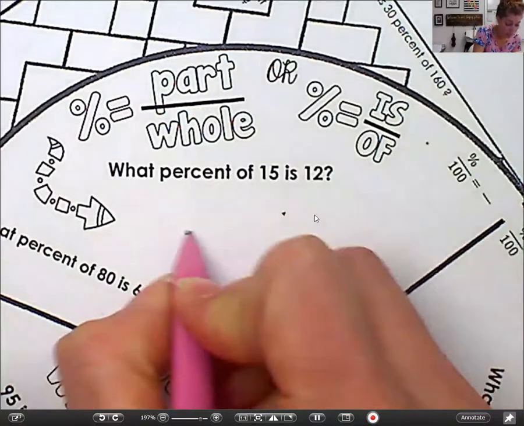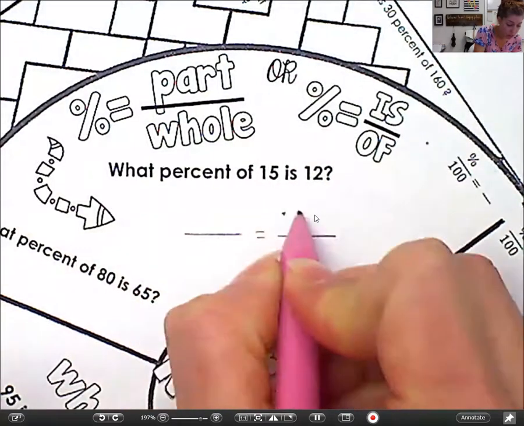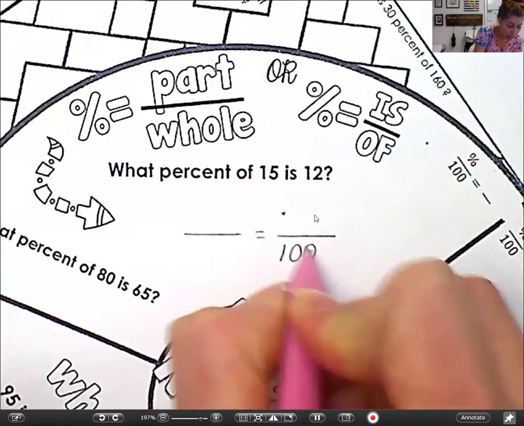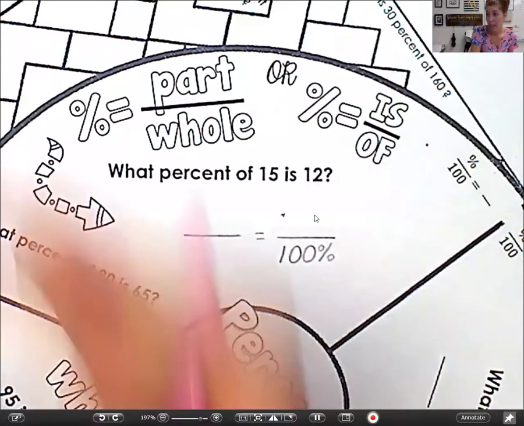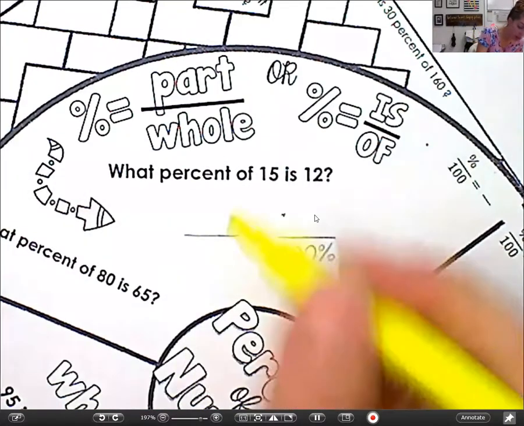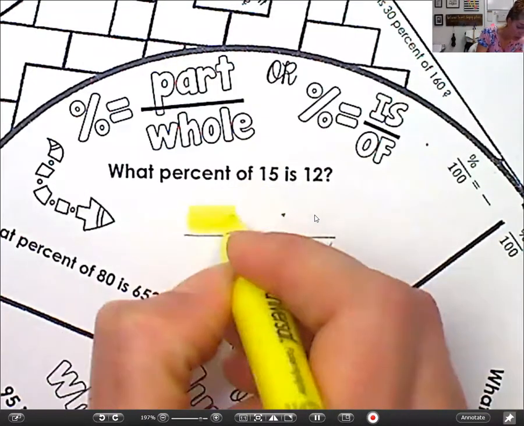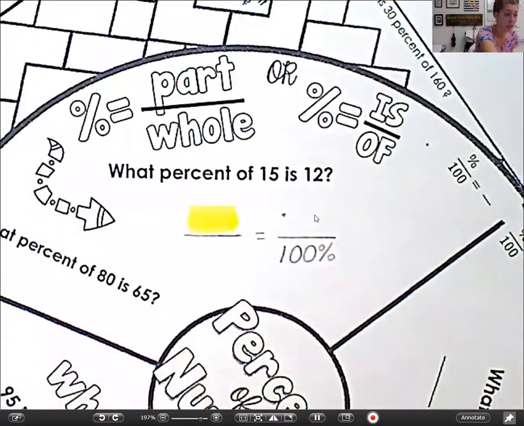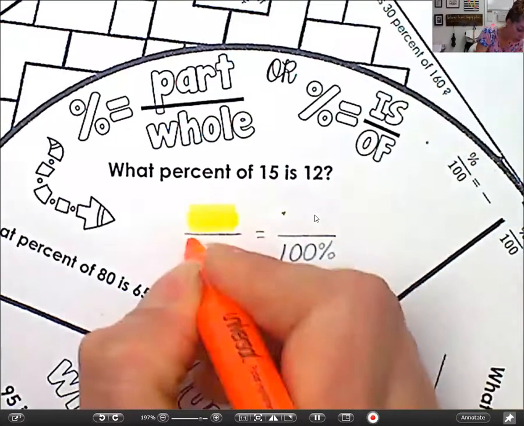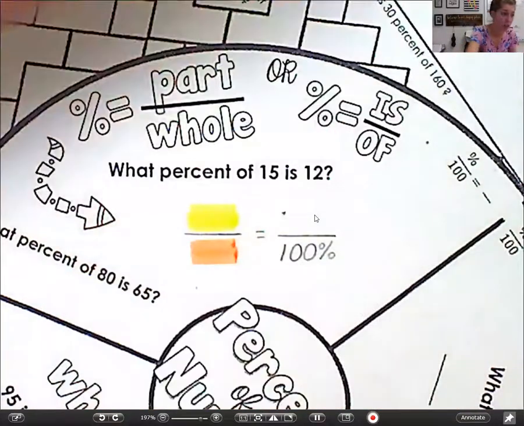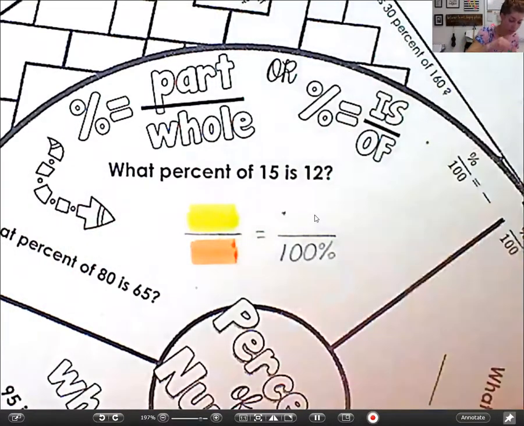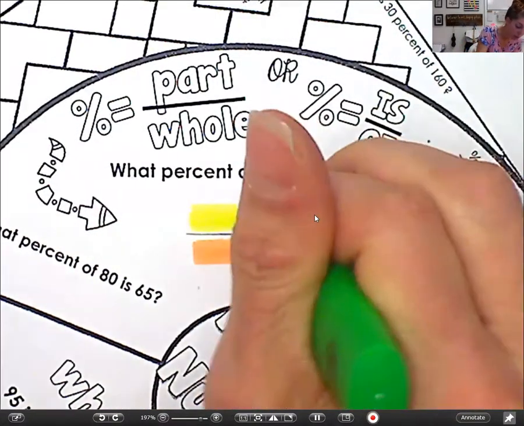Let's see. My proportion, that 100% is an automatic placement. I need to fill in this hole. And last but not least, this one.